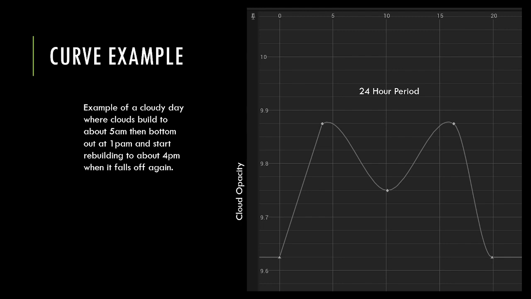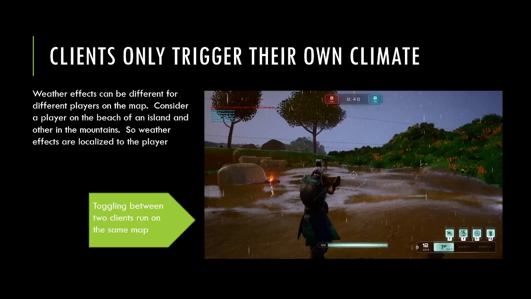The other thing that is important to understand is that the climates only exist on the client. And this was a big change as I moved into Lyra, that I had to re-architect some of the way I was running the climate system before. So what you're going to see here in a second is an example where I'm toggling back and forth between two clients.